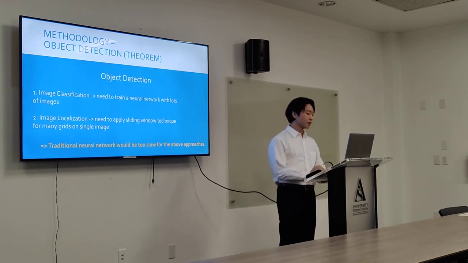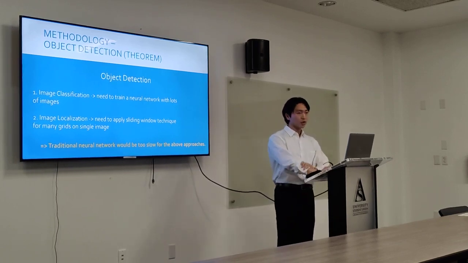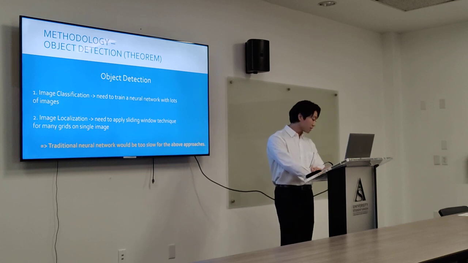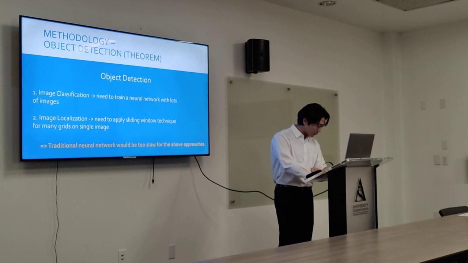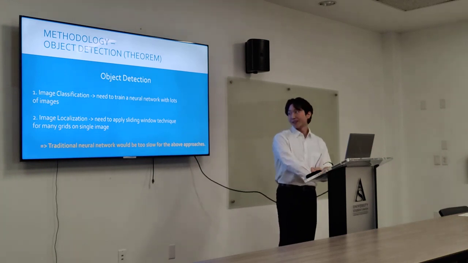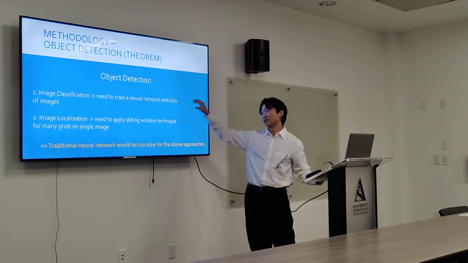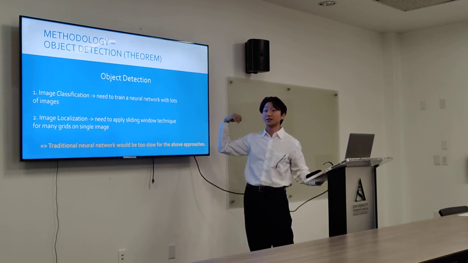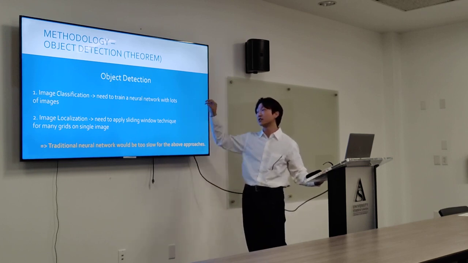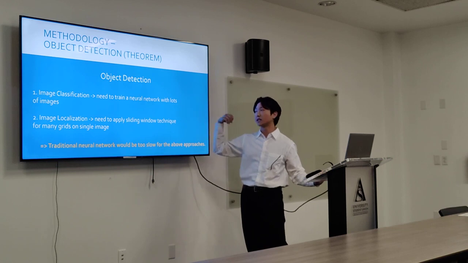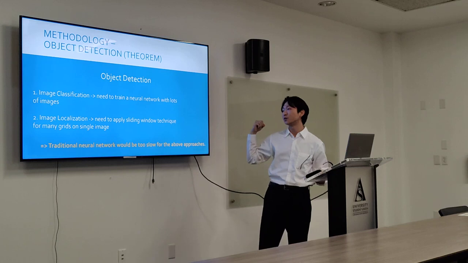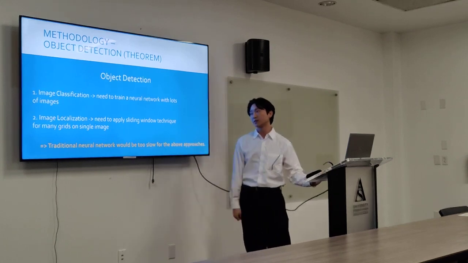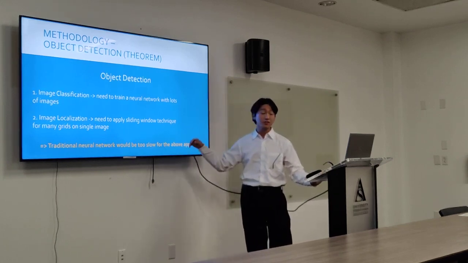Obviously those two techniques require lots of computational power, because we need a neural network to train. We need lots of images to train the neural network to classify the objects, and we also need to apply sliding window techniques for image localization.